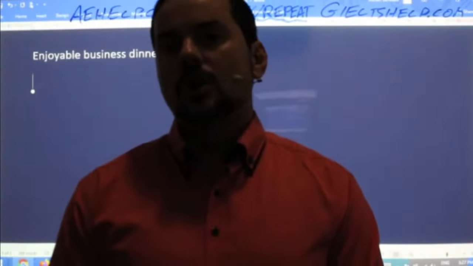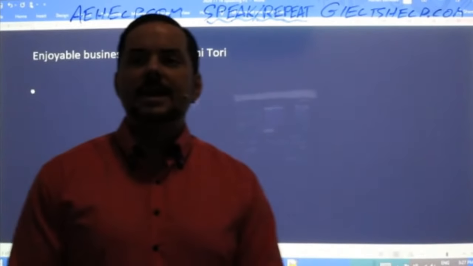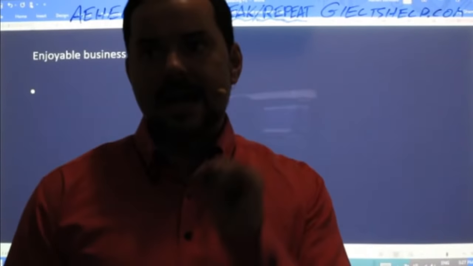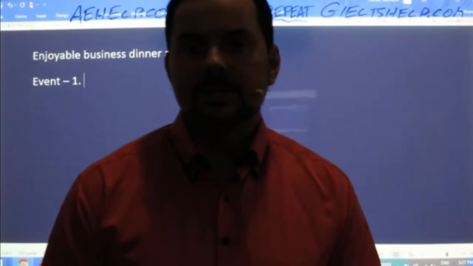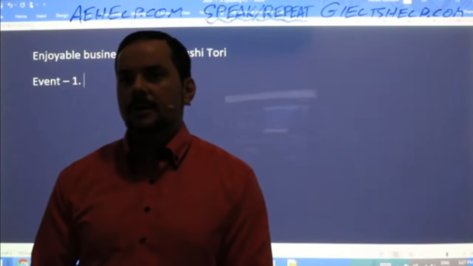Okay, so when we're talking about an experience, what do I need to think about and in what order? This is what you have to remember. Okay, so we're talking about an event, and when you describe an event, what's the first point that you should discuss about the event? Okay, so what's the order of information?